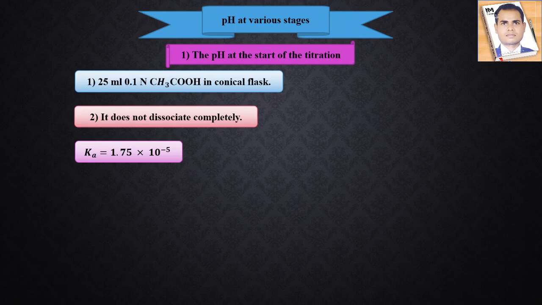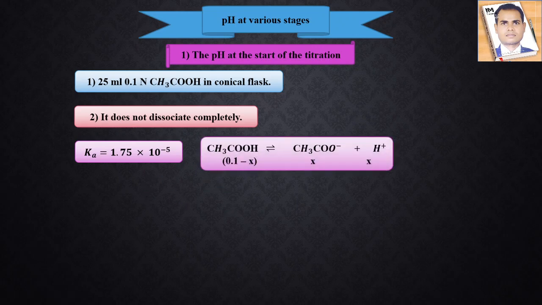The dissociation constant for acetic acid is a constant value, 1.75 into 10 raised to minus 5. So we will see how acetic acid dissociates: CH3COOH, with the concentration given, gives CH3COO minus plus H plus.